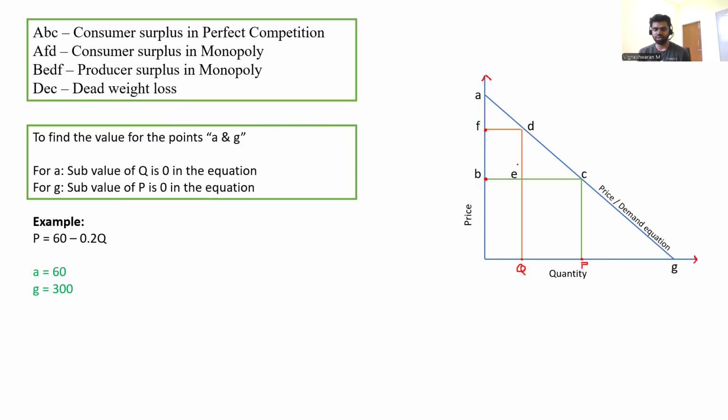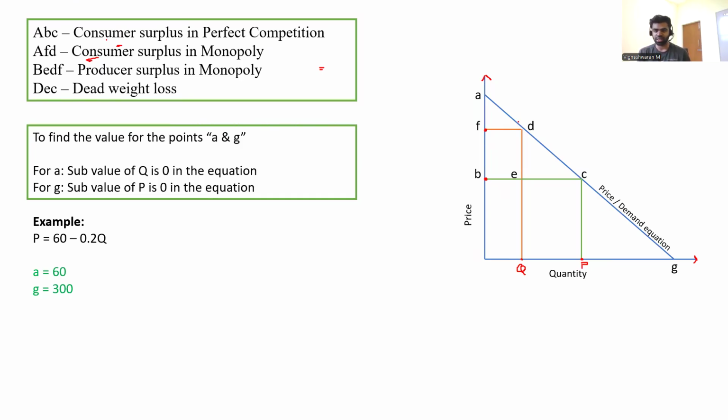Now look at this box. What I have written here is ABC, the triangle. This ABC is called the consumer surplus in perfect competition.